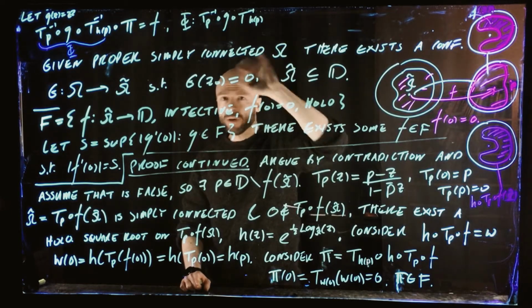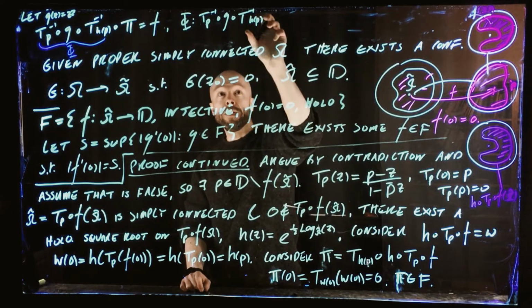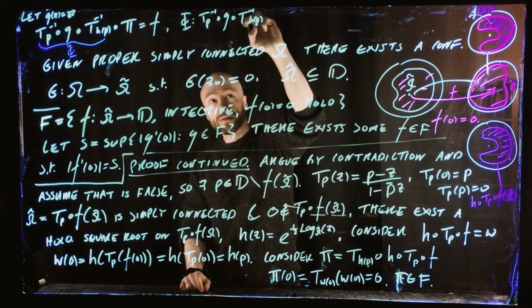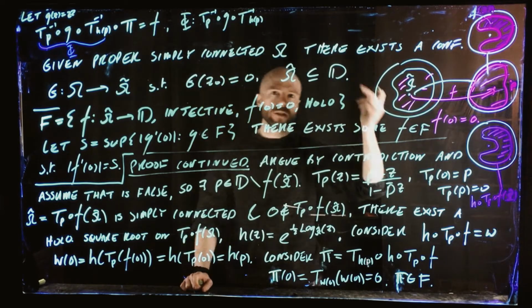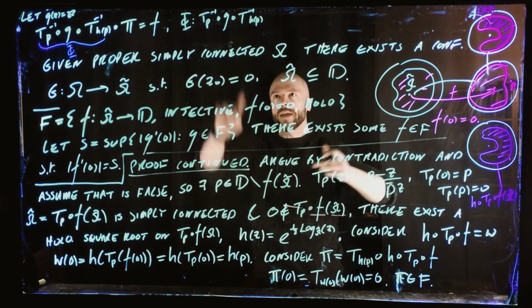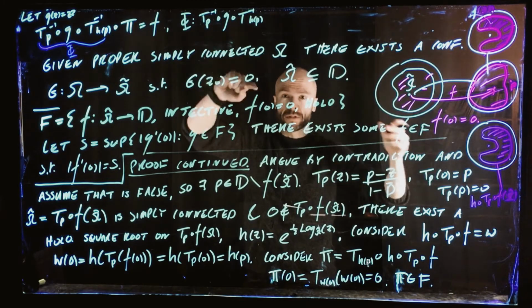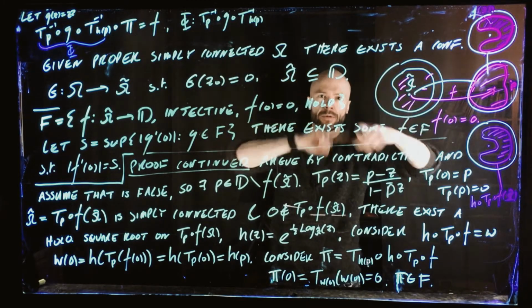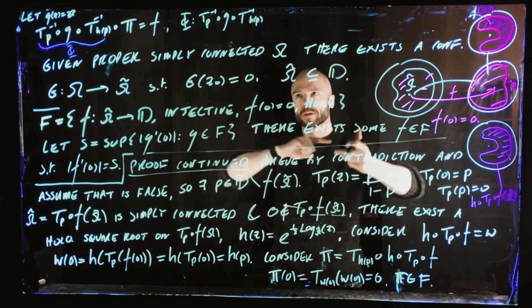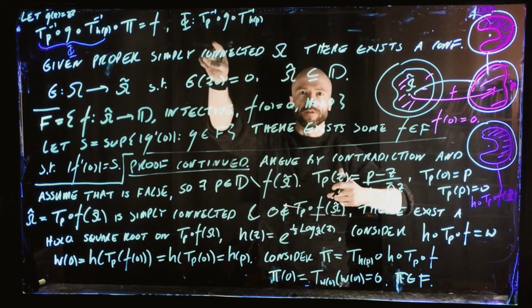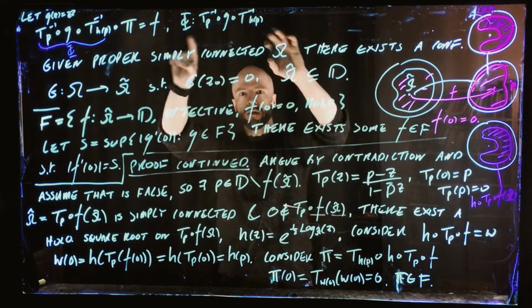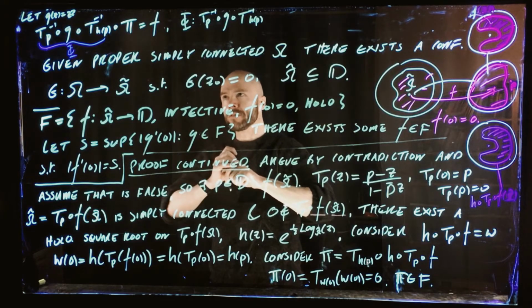But this is not an injective mapping, because t of p and t to the minus 1 of h of p are complete diffeomorphisms of the disk, and the image is still the disk, and if we apply the square, then we're definitely no longer injective, and then this is another diffeomorphism. So this mapping for sure, acting on the entire disk, is non-injective, yeah?